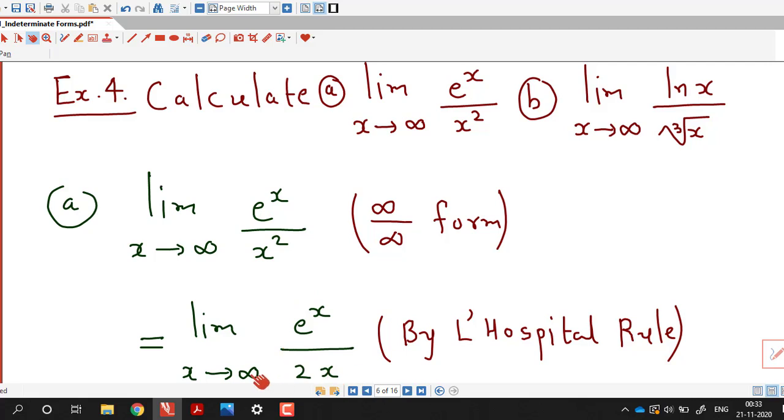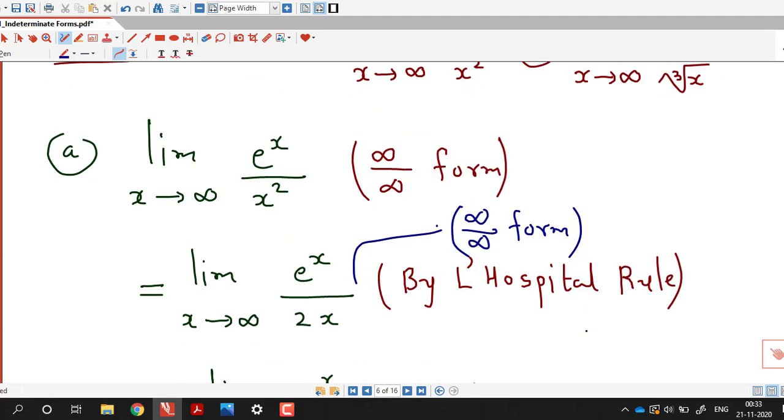Now we again put x equal to infinity. So it is e raised to infinity divided by 2 into infinity. So this is now again infinity by infinity form. So we have to again apply L'Hospital rule.